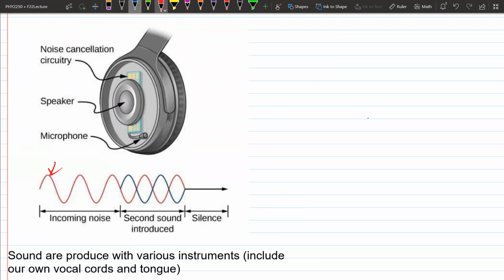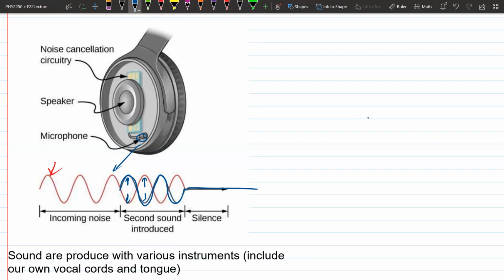This microphone will measure this and play back the exact same sound, but half a wavelength different from the incoming wave. Therefore, when the peak lines up with the trough, the end result is a wave that has no amplitude. And therefore you can cancel out noise by adding a different noise to it, which is kind of weird. You play two different sounds and you get nothing.